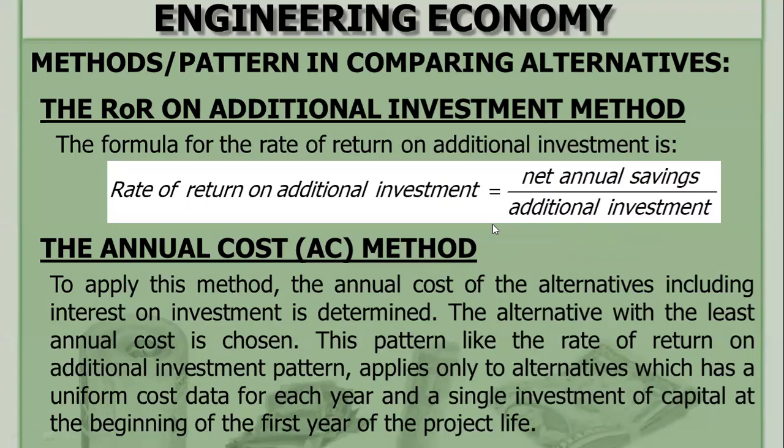Same sa idea sa basic methods na ang ROR o ang annual cost is based on the assumption that uniform ang cost each year. Okay? And then single investment at the beginning of the first year. So same lang din happen.